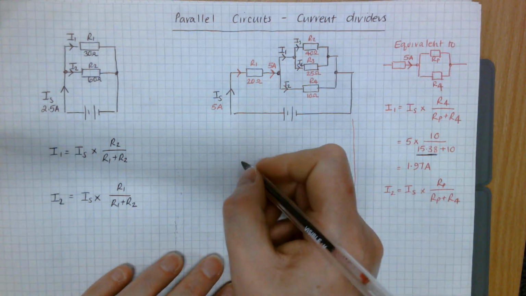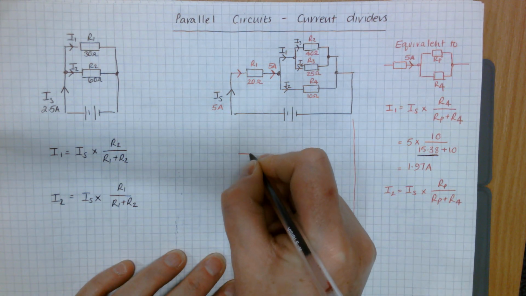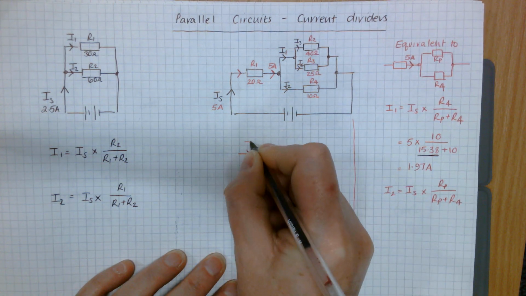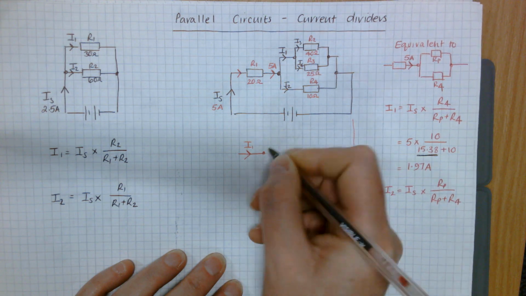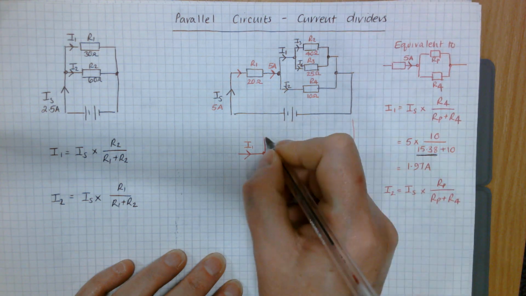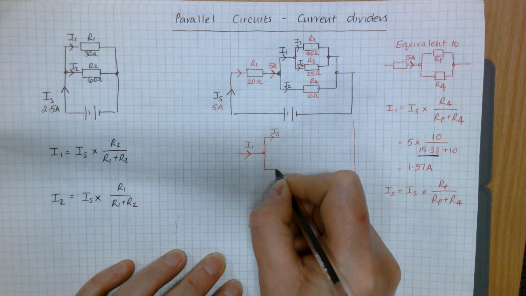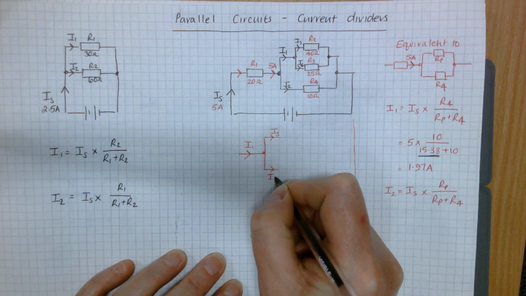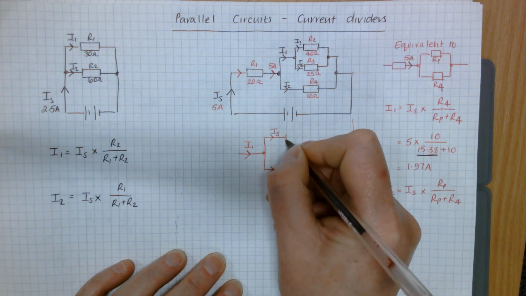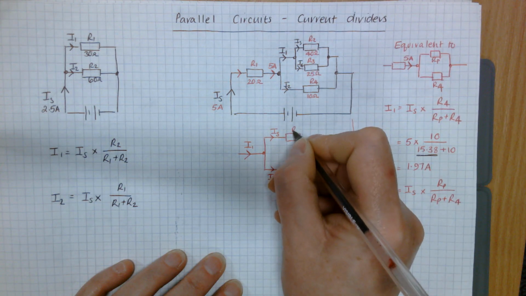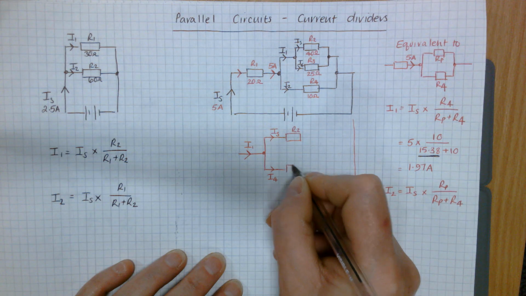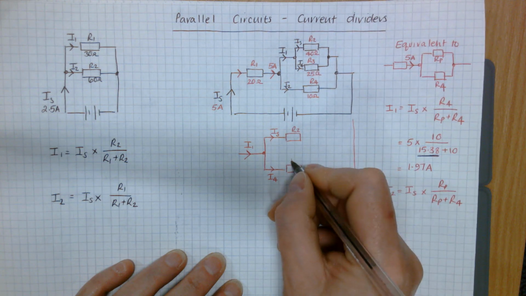Now from that, what you would then do is take that your I1 comes along here, hits a junction, and then splits into your I3 and your I4. Your I3 taking you through R2 and your I4 taking you through R3.